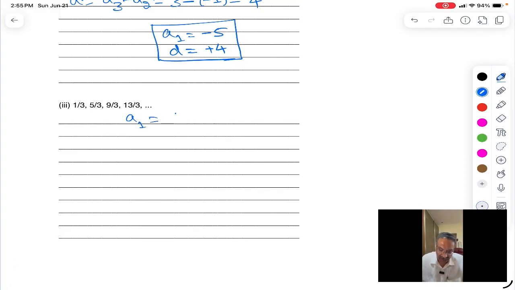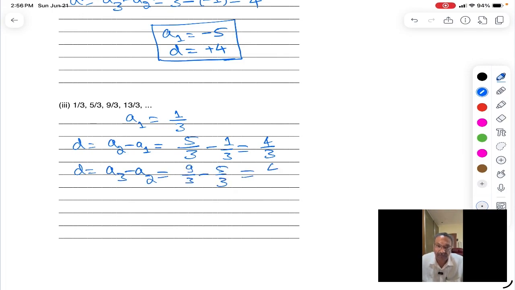The next question. Here a1 is equal to 1 by 3 and common difference d is equal to a2 minus a1, which is 5 by 3 minus 1 by 3, which is 5 minus 1, which is 4. So 4 by 3, LCM is 3. Let us also check a3 minus a2, which happens to be 9 by 3 minus 5 by 3, equal to 4 by 3.